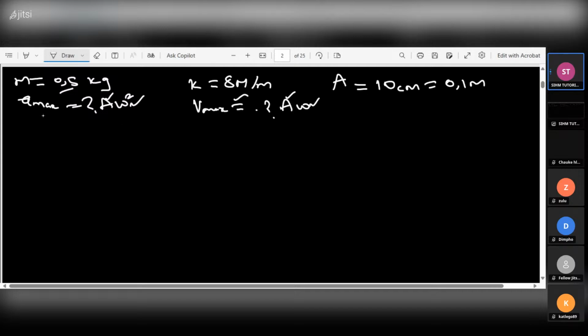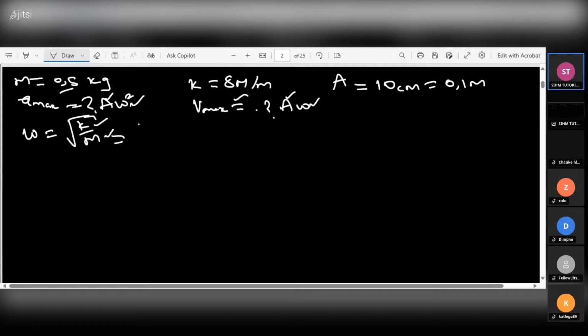So we need to find the angular velocity, which is the root of k divided by m. This is the formula that you get. You have k, you have the mass, so you can get your angular speed.